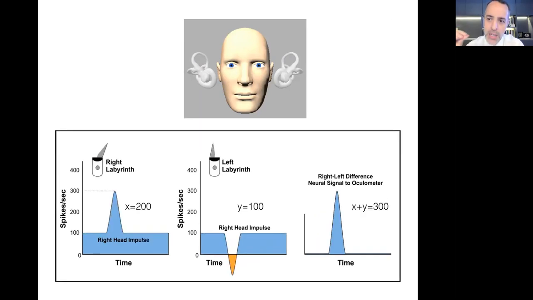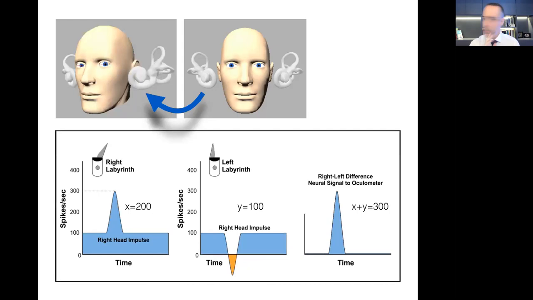Now, imagine that you are performing an impulse, a very fast impulse. So I move my head to the right, very fast. I have an increase of activity from 100 to 300, but the decrease in the left side can just drop to zero. It cannot be negative. So you have some kind of asymmetry in the information that goes to your VOR.